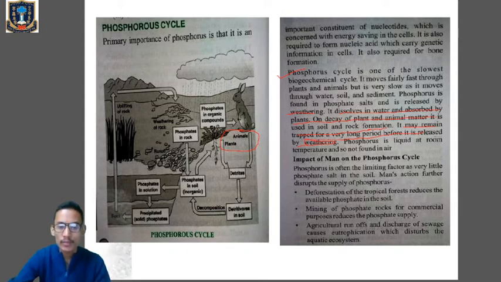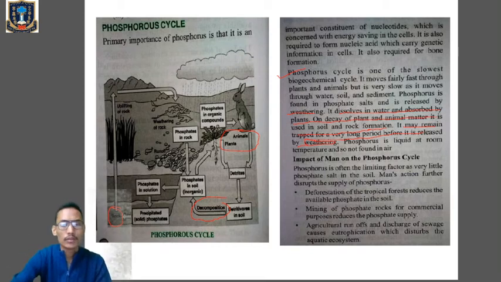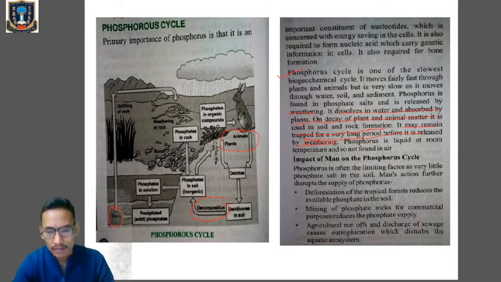So whenever the plants and animals start decomposing, all right, then it will be present in the soil and in the rock formation. So it will be utilized or it will be present in the rock. Okay, it will be present in the soil also. Clear? Now mainly by the process of weathering, all right, it will be released into the atmosphere after a longer period of time.